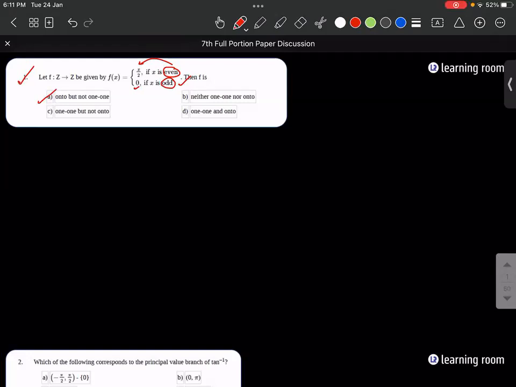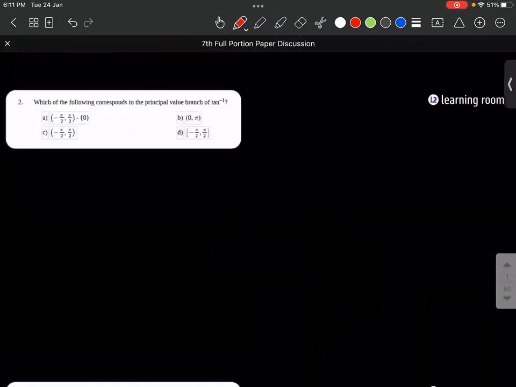As you keep substituting even numbers, you get all the possible integers. When you substitute 2, 2 by 2 gives 1, and 4 by 2 gives 2. So you're getting 1, 2, and it keeps going. So the codomain will be equal to the range. That is why option A is right.